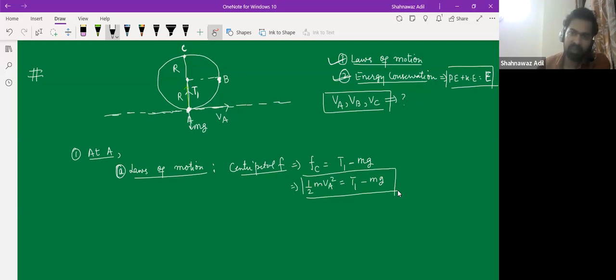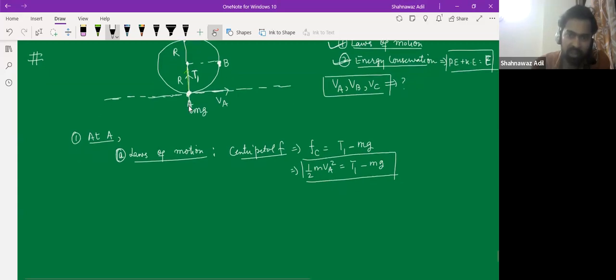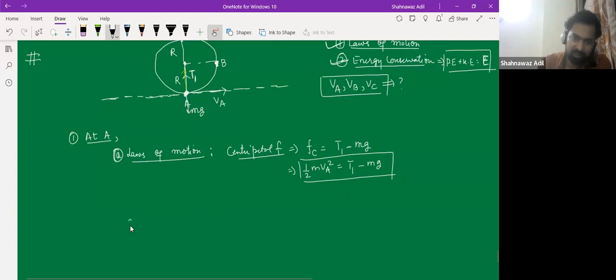And what else do I have? Let me write the total energy at this point. What is the total energy? Total energy, that is E, and how much would this be? I have chosen this reference, so height is 0 and potential energy is 0.